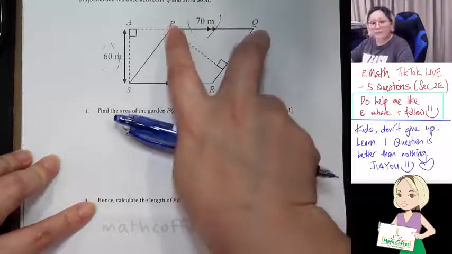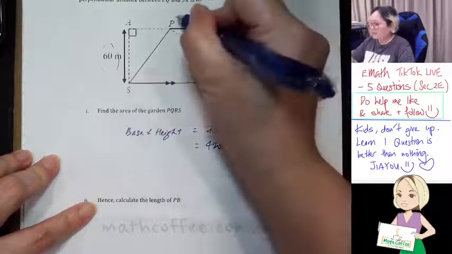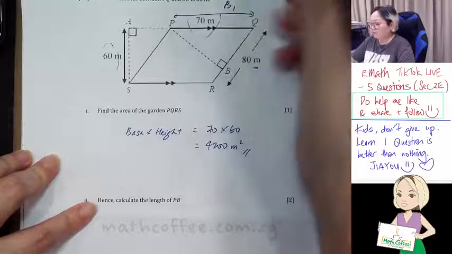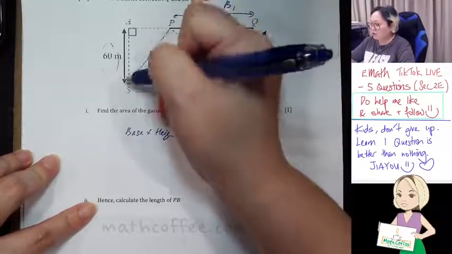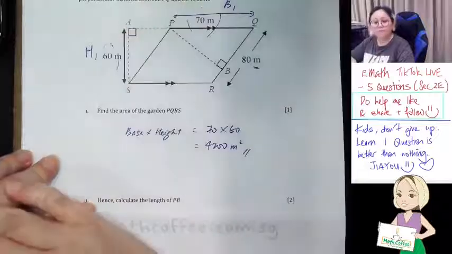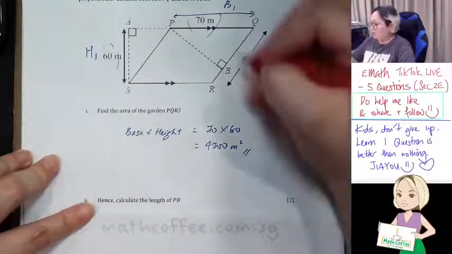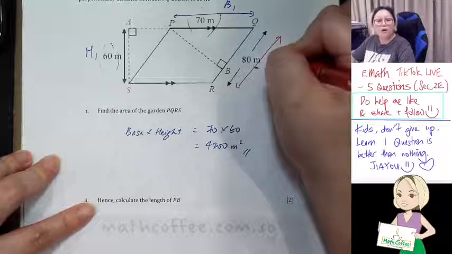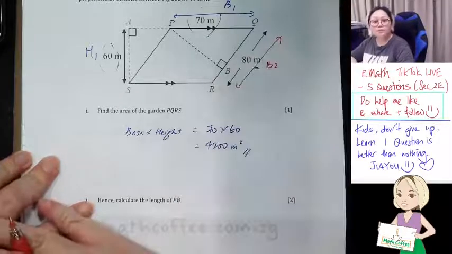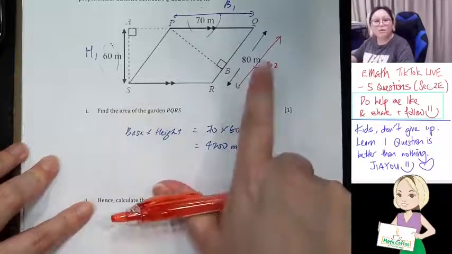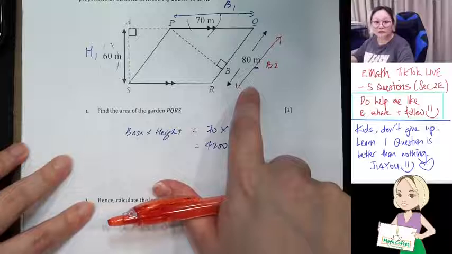If this is the base, see, this is my base, correct? I call it base 1. The perpendicular corresponding height is this one. Agree? Now I change. If I want this to be my base, I call this base 2. If this is my base, I will have to find the corresponding height, agree?